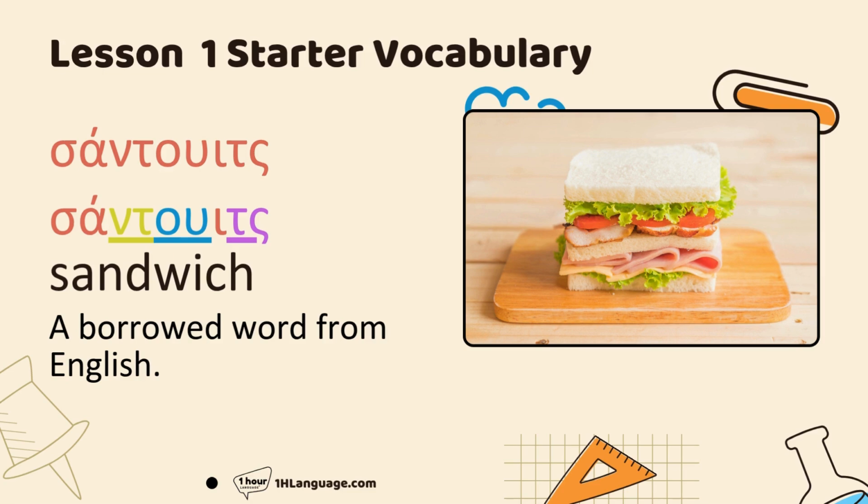Sandwich. So it's a borrowed English word, the word sandwich. And you can see the letter combinations in the alternative colors, which you practice during your lesson on the alphabet. So we have sun, do, it's, sandwich.